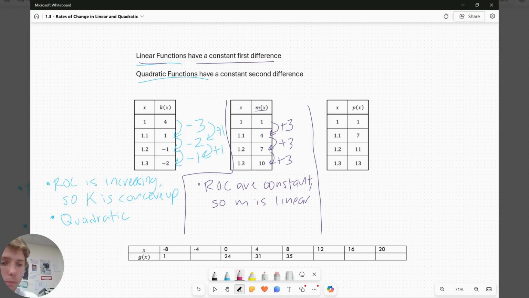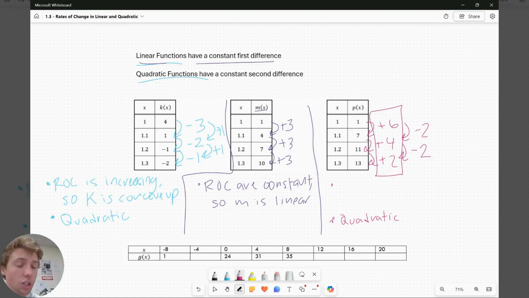Third one, function p, same idea. Find your differences, see what's happening: plus 6, plus 4, plus 2. Look at the second difference because it's not linear: minus 2, minus 2. This looks like it would be quadratic because of the second difference. But let's talk about the concavity. Notice the first differences. Concavity is based off of your rate of change of the function.